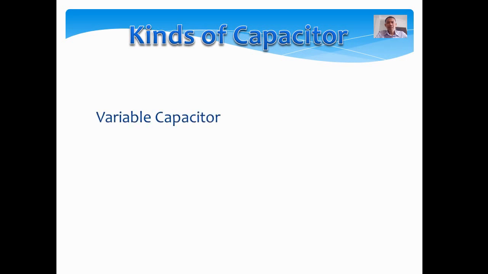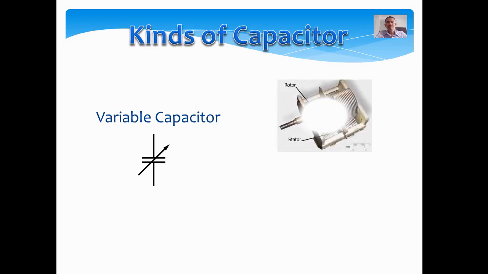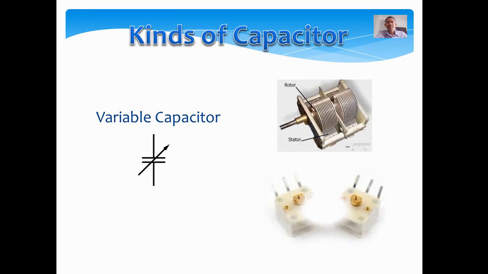Next one is variable capacitor. Variable capacitor again will show you an arrow crossing the basic symbol. There it is, a tuning capacitor. Variable capacitor is mostly used on varying frequency.